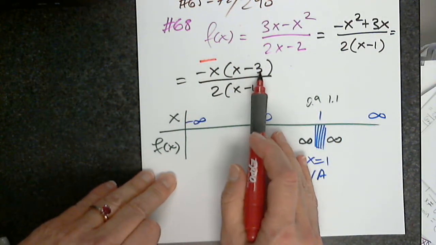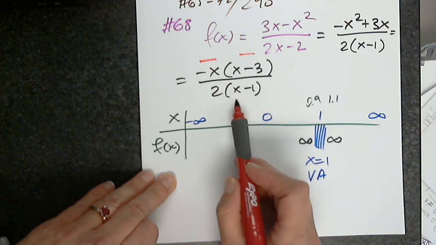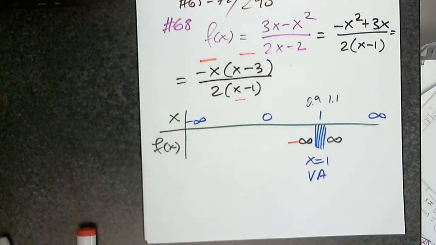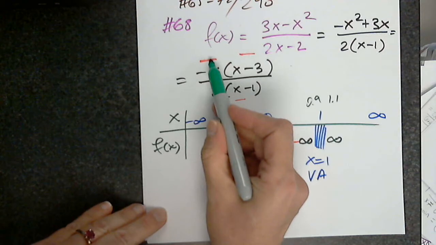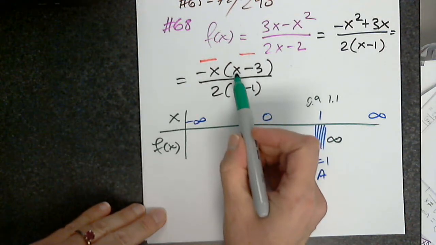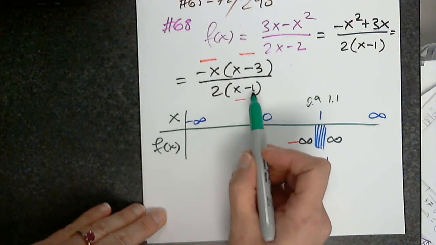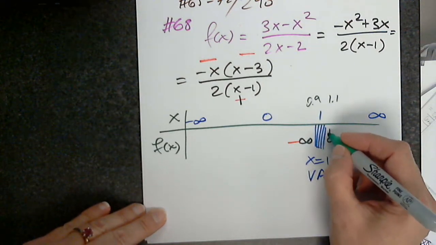Negative 0.9 minus 3, negative 0.9 minus 1: 3 negatives. Last one with 1.1. Negative 1.1, negative. 1.1 minus 3, 1.1 minus 1. Good. So then I have positive.